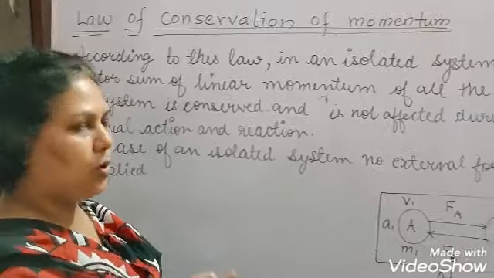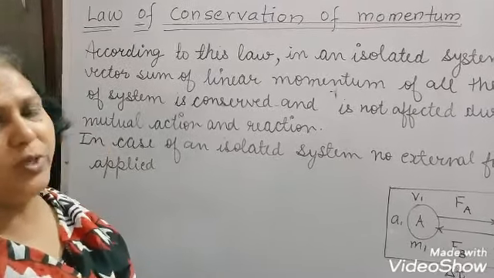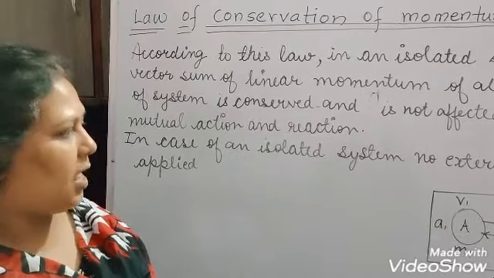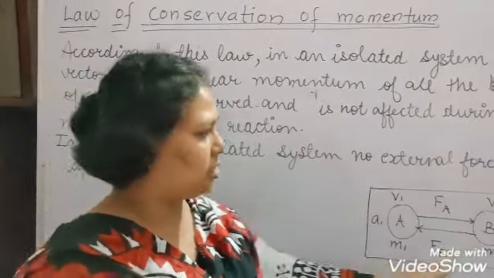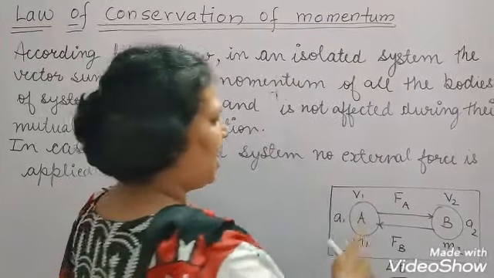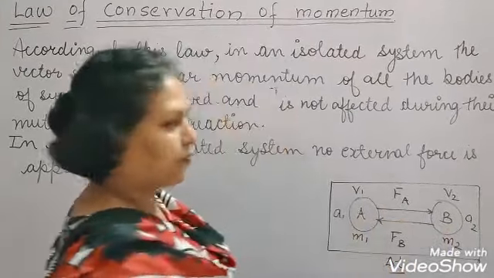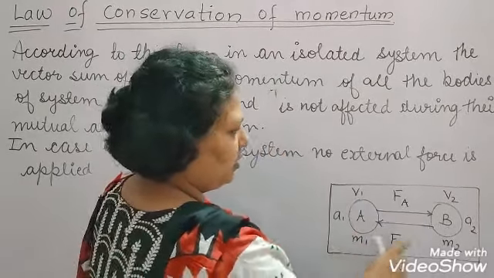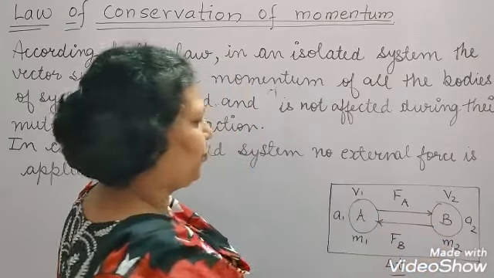To explain this and how it is related to Newton's third law of motion, I have taken an isolated system of two bodies A and B. The mass of body A is m1, the mass of body B is m2.